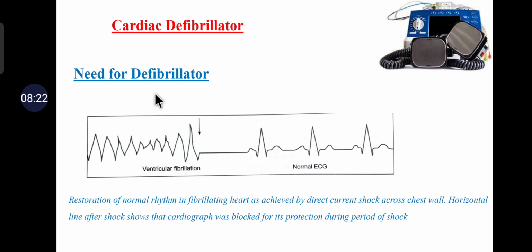This uncoordinated movement of the ventricle walls may result from coronary occlusion or sometimes abnormalities of the body chemistry. Because of this irregular contraction of the muscle fibers, the ventricles simply quiver rather than pumping the blood effectively. This results in a steep fall in blood pressure, and the patient can die if adequate steps are not taken promptly.